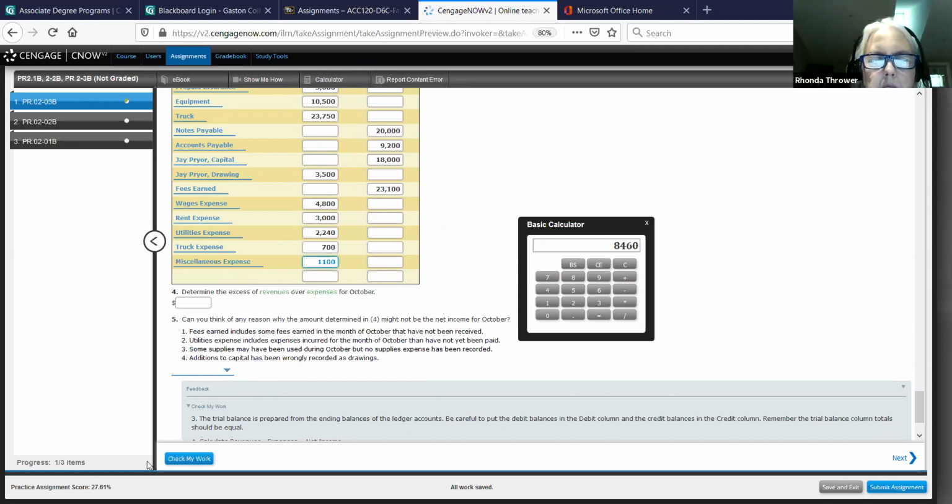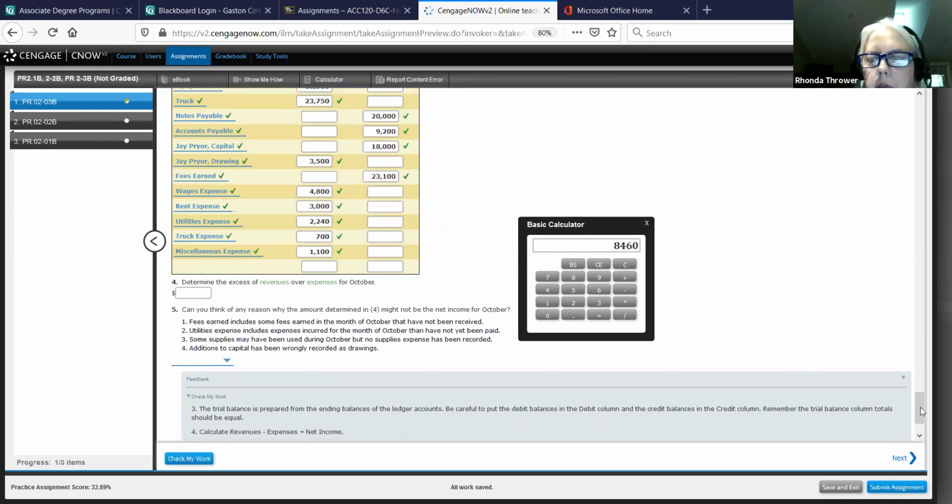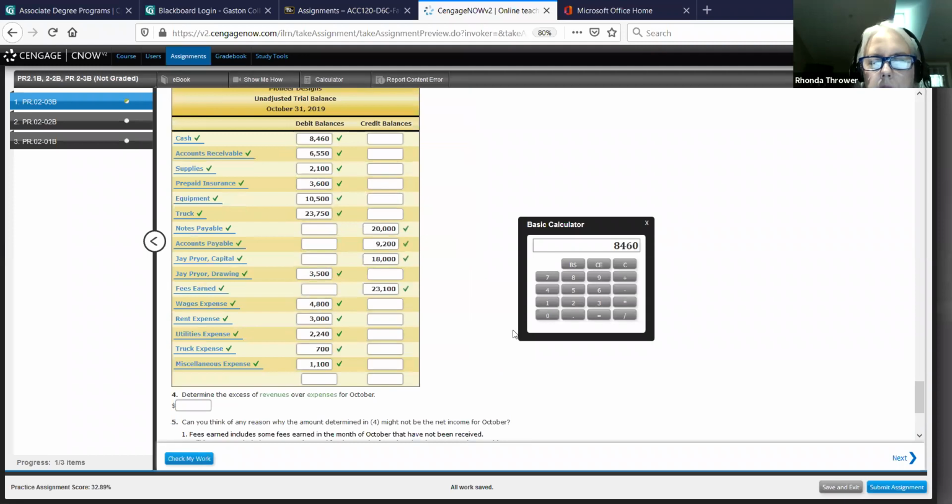Okay, it might be a good idea to check your work now. And it looks like we've written everything down right, so that's good. You need to total your debits and total your credits. I'm going to total my credits because it's a shorter column.